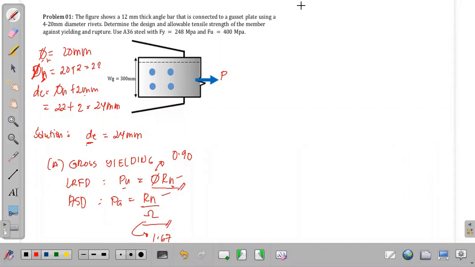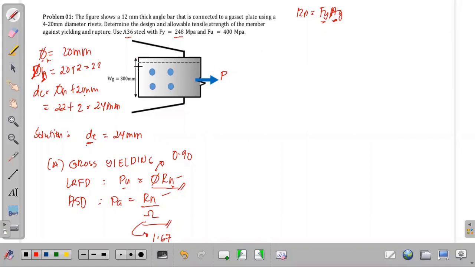Okay? So for the gross yielding, Rn is equal to, ano yung equation natin for the Rn? Fy times Ag. Okay, so given yung Fy, kasi A36, Fy is equal to 248. Ano yung magiging area gross natin?